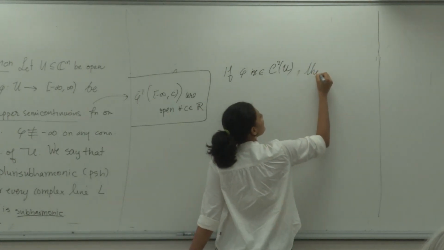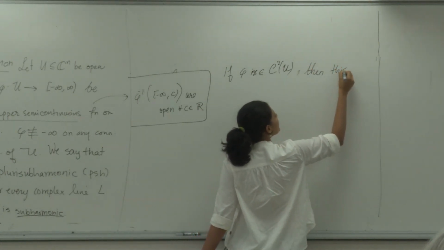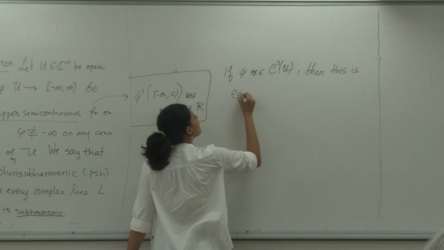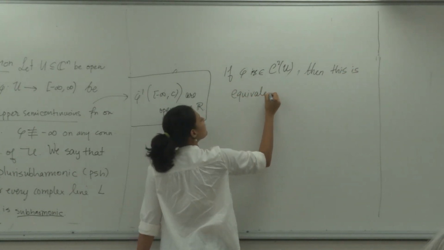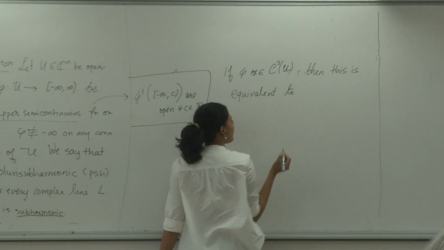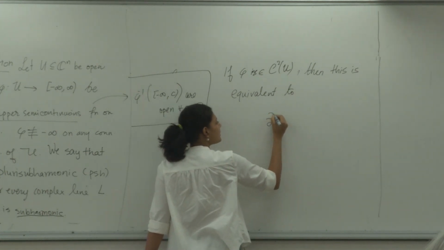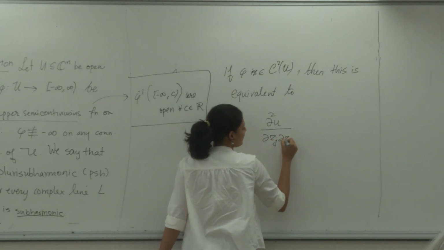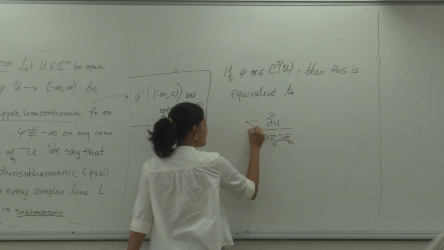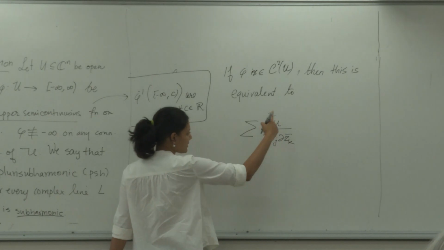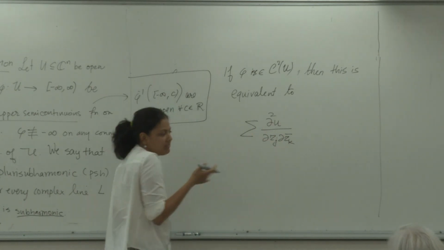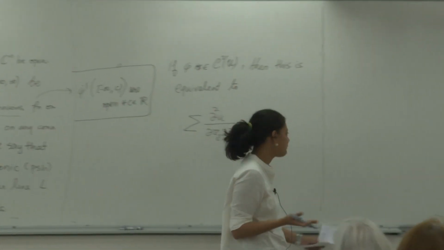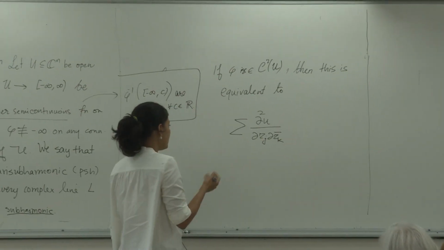Then this is equivalent to saying that, so you've already seen the second order operators. I'm going to write it in two different ways. So I look at these mixed second order derivatives. This is your Levi form. Once again, we are looking at the Levi form in the third mini course.